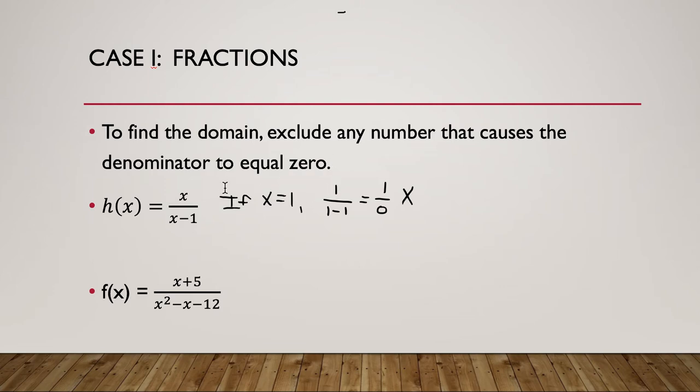So when I write my domain, I have a couple of different choices for how to write that. I can say that my domain is all x values except x is equal to 1.